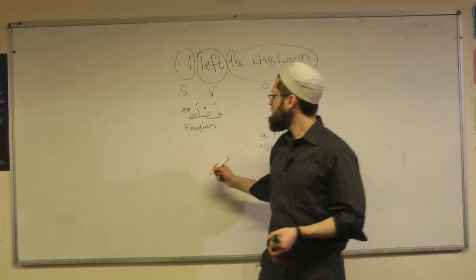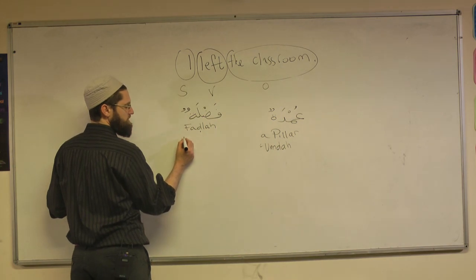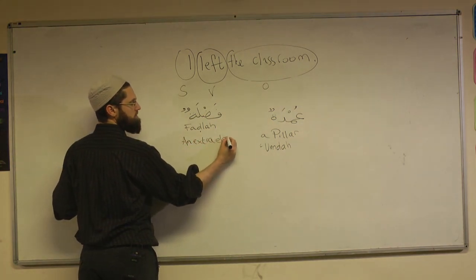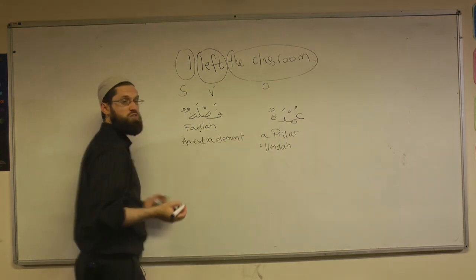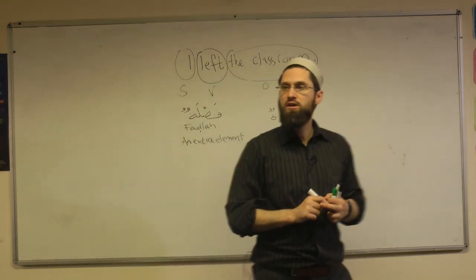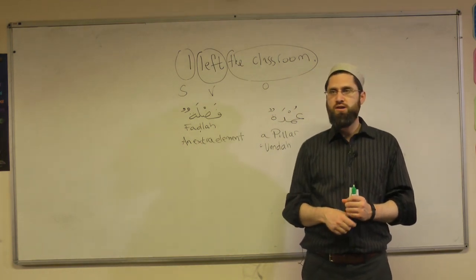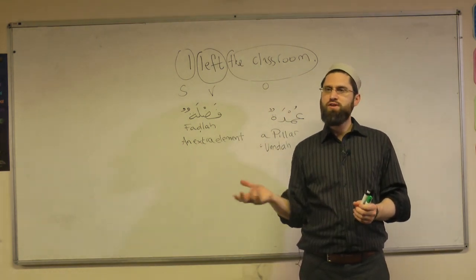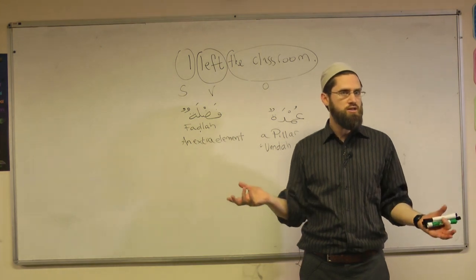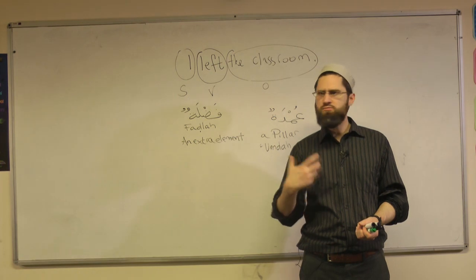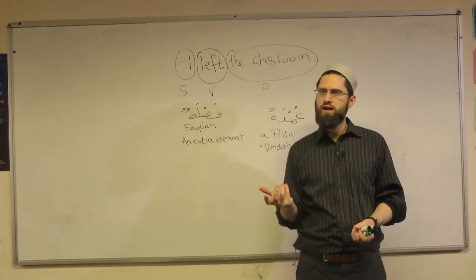It means an extra element. It's not necessary, or you could say an unnecessary element. It brings something to the sentence, I don't deny that, but it's not necessary. Like, for example, you've got the fada'il, fazail, you say, isn't it? These mean extra acts that are not necessary, but they enrich the act.